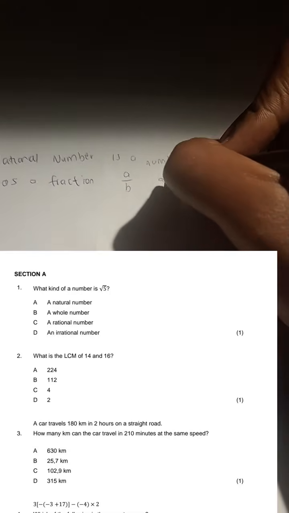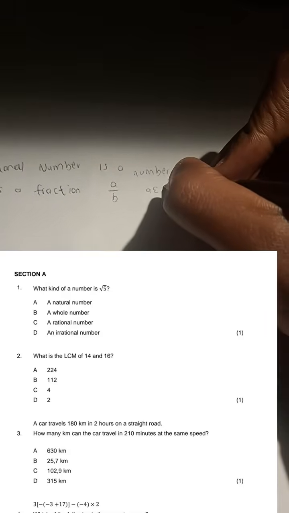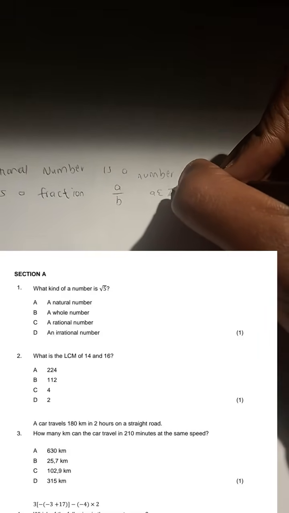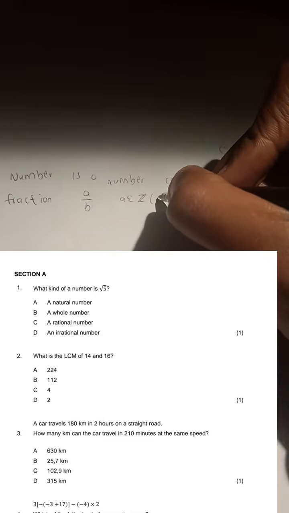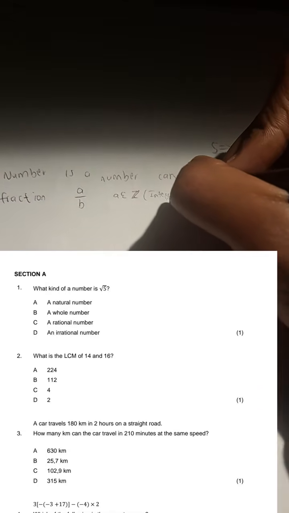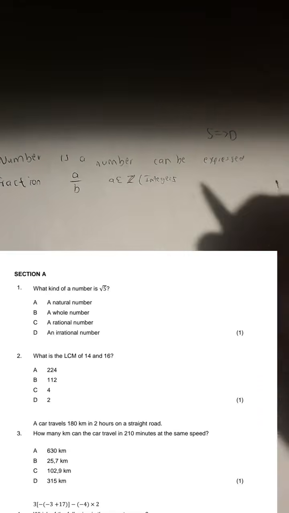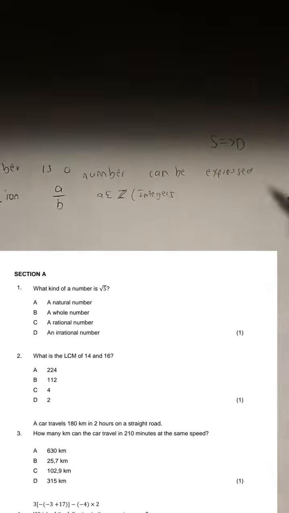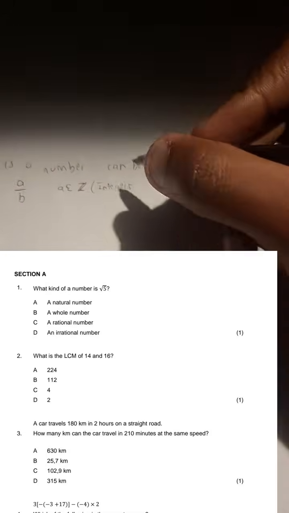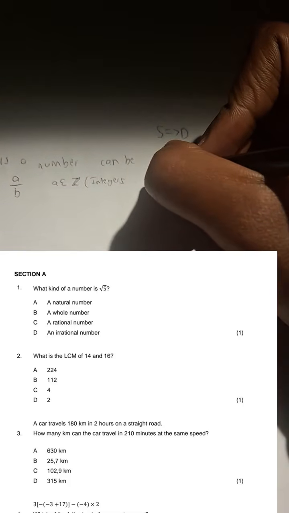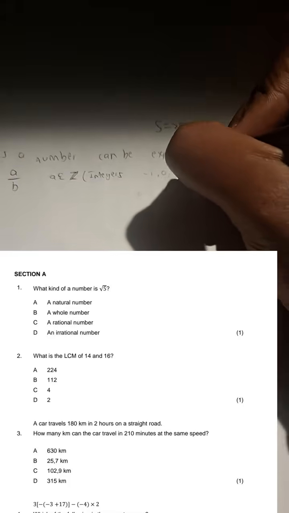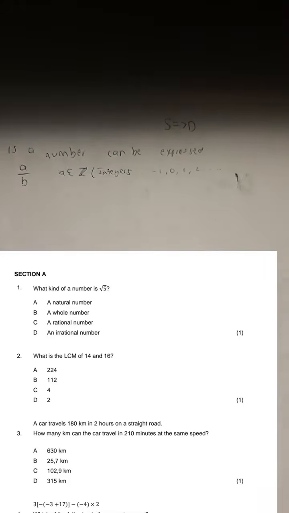Now, A in the numerator must be an integer. That's another concept we need to understand. This Z means integer. What are integers? Integers are numbers that are positive and negative. In other words, if you are listing numbers from negative infinity, negative 1, 0, 1, 2, and so it goes to positive infinity.